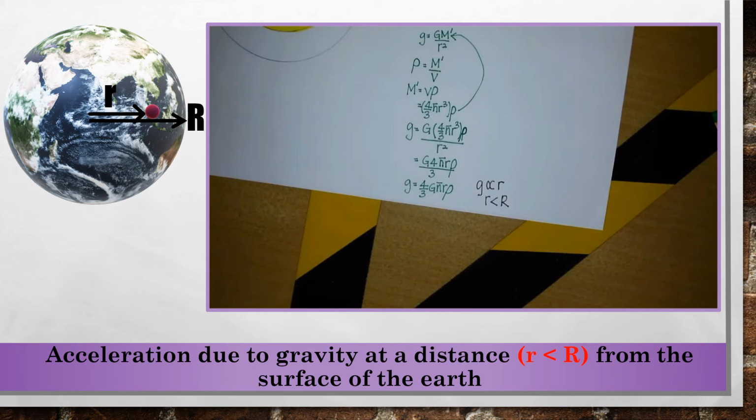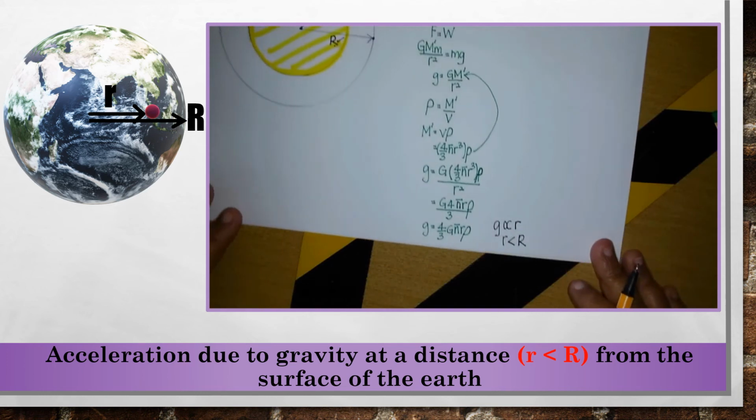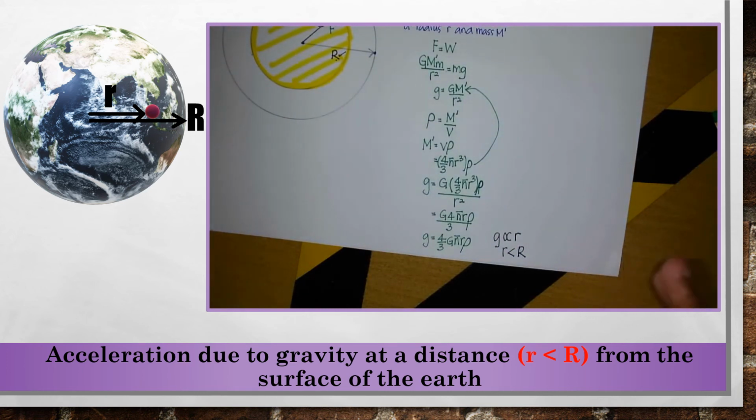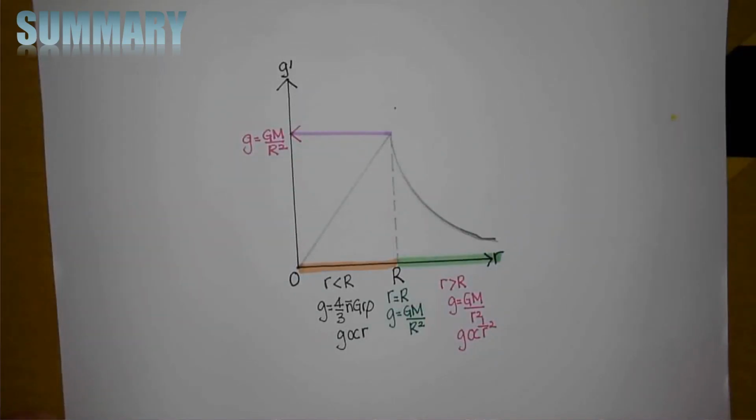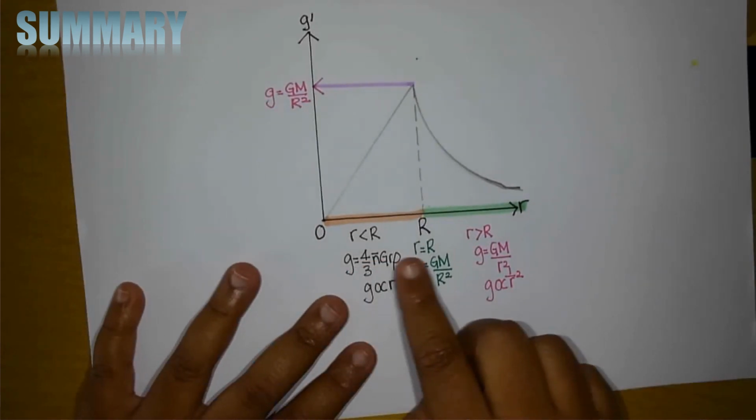We have already learned the three concepts, so let's conclude all three. This is the acceleration due to gravity at a distance r from the center of the earth. We can divide it into three parts.